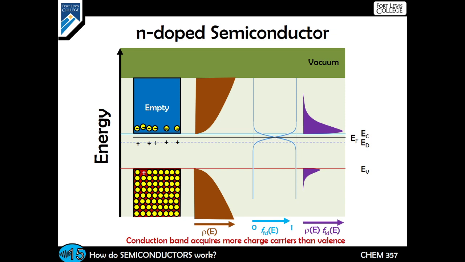Now you can get a much higher population of electrons in the conducting band and a relatively small population of holes in the valence band. So in an n-doped semiconductor, it will be the electrons in the conducting band that we would call the charge carriers.